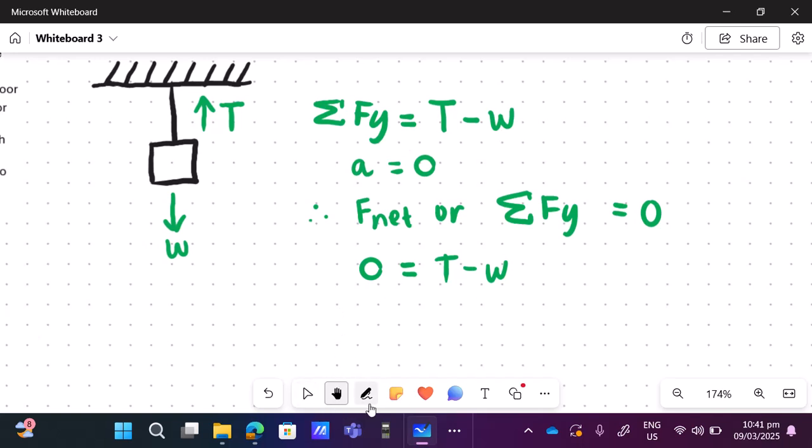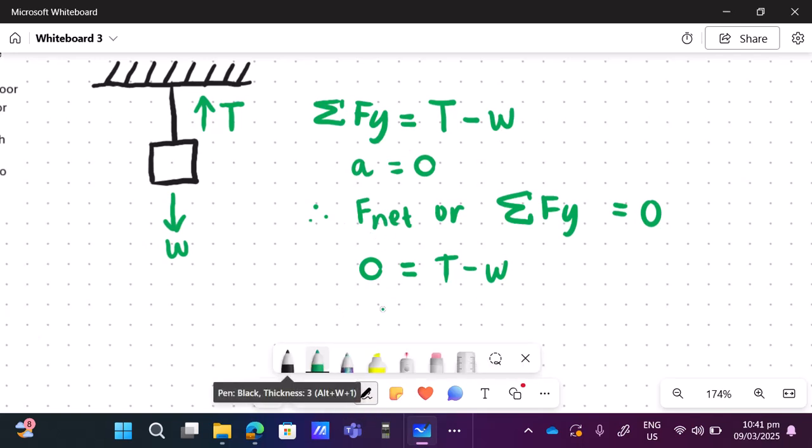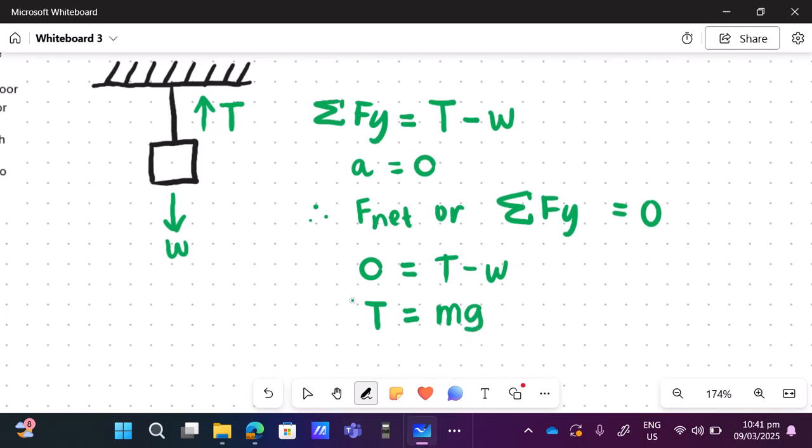Therefore, in terms of magnitude, tension is equal to force due to gravity or weight, which is equal to mass times g. Okay. So this is the relationship between the mass of the object and force due to tension. They have the same magnitude, opposite direction.